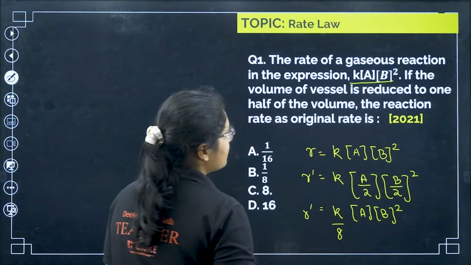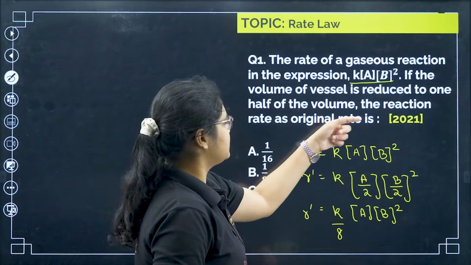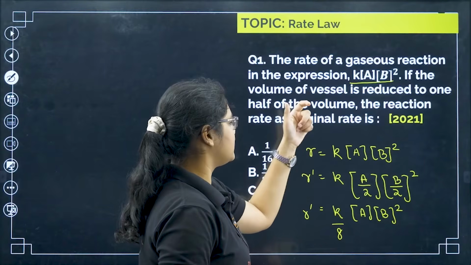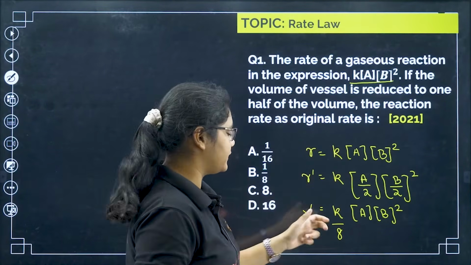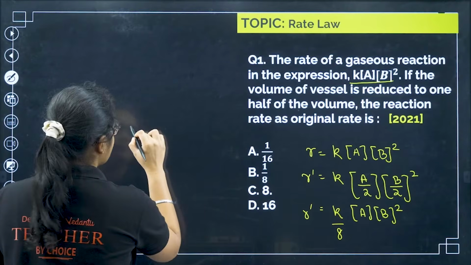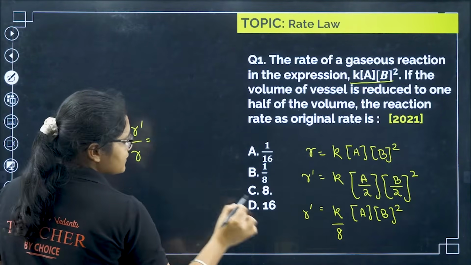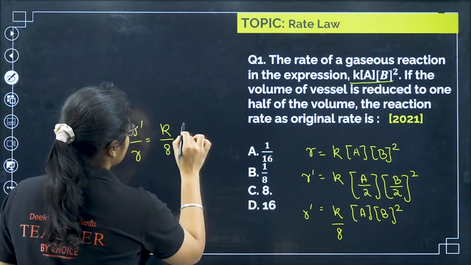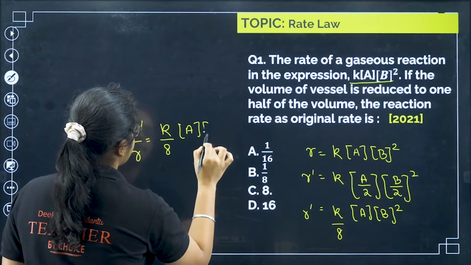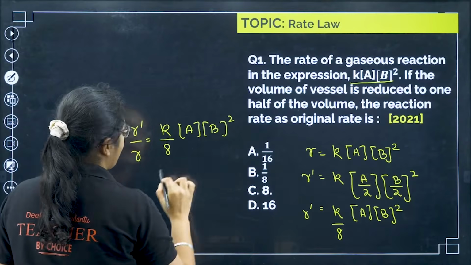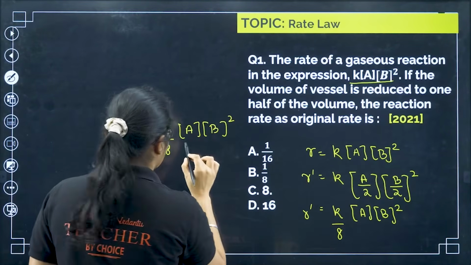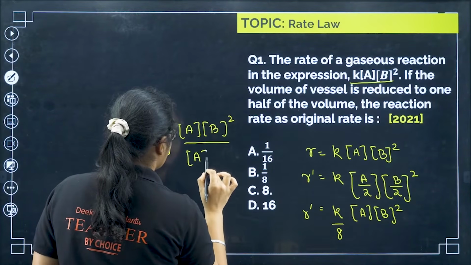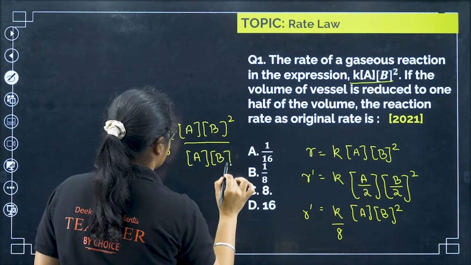So that will give me K into A B square by 8. Now what I want, if the volume of the vessel is reduced to 1/2 of the volume, the reaction rate as original rate, means R dash by R I have to do. So R dash by R, that is K by 8 into A B square, and I have R here, A B square.